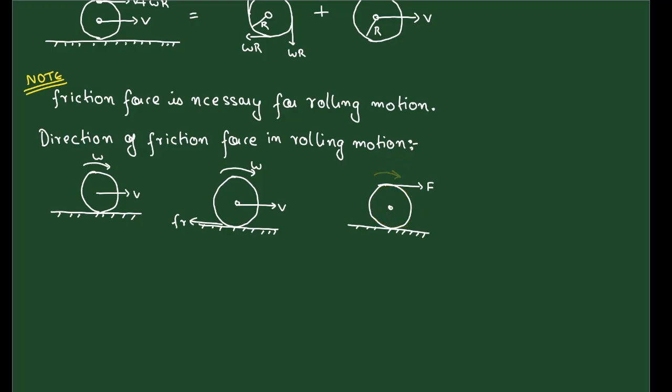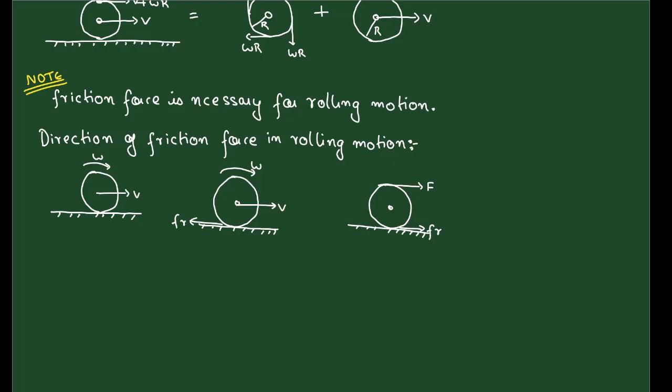So this surface is trying to go in backward direction. That means this surface is trying to go in this direction. So friction force out here would be in the opposite direction, this direction. This is the direction of friction force.